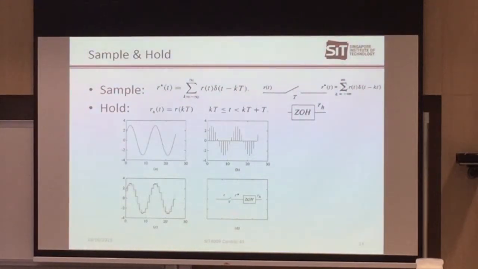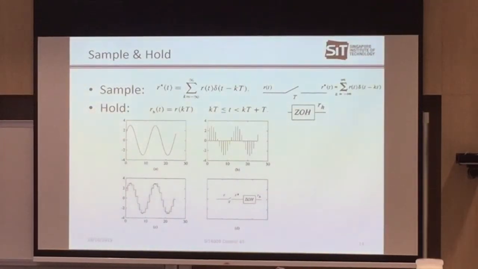And in control, we use this block diagram to represent the zero order hold, and we use something like a switch to represent the sampling system.